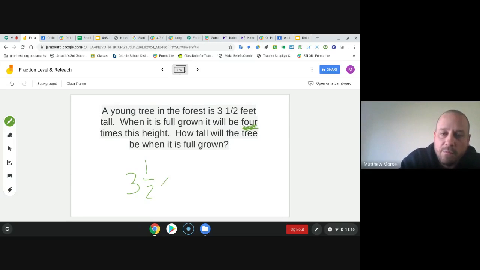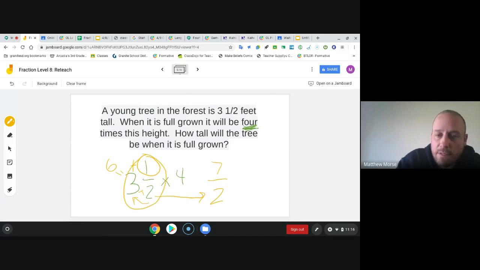So you're going to times it by 4. Okay, so best way to do it, convert into a mixed number, or convert to an improper fraction, sorry. 2 times 3 equals 6. Add your numerator for 7. So now I have 7 halves instead of 3.5 times 4.